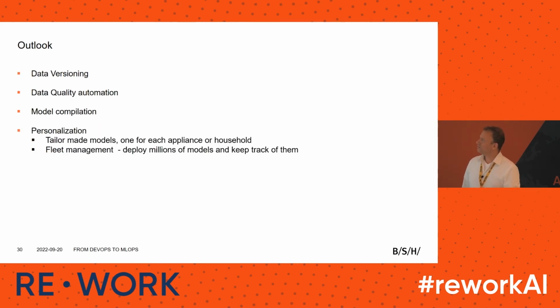Then the outlook: what we are still looking into is finding some better tools for data versioning, also data quality automation. We think about a multi-layer stack where you start with the low-level transport quality checks, like schema evaluation, validation and enforcement that you could do in Kafka, for example, in the streaming case.